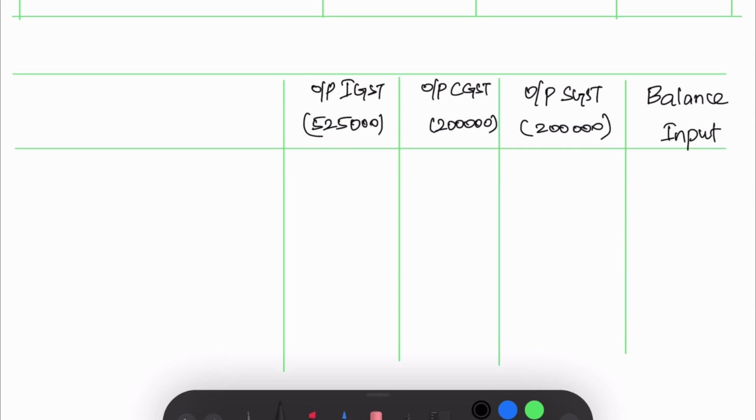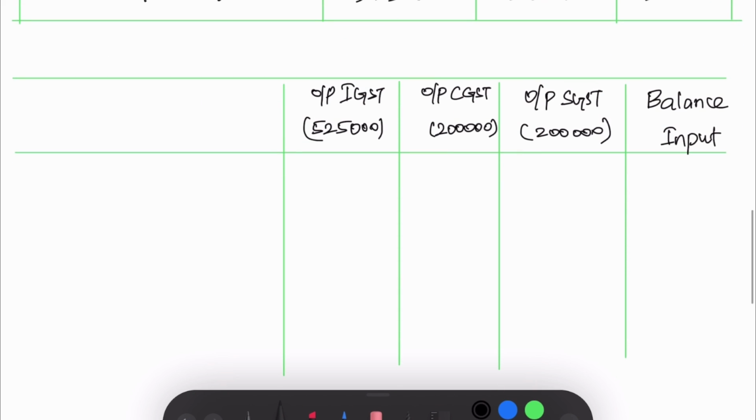First, draw columns like this. Write particulars first. Then write output IGST, and in brackets you write how much output IGST is available. Output CGST, similarly output SGST.